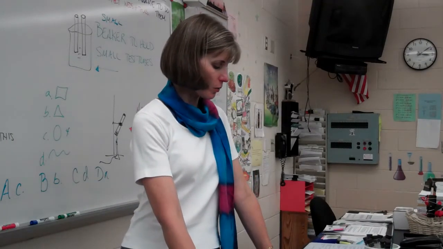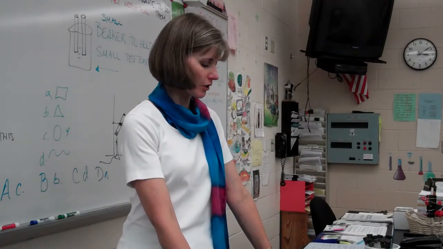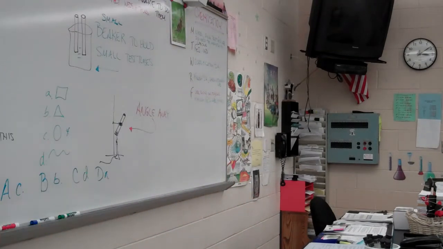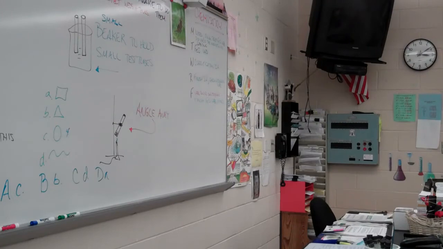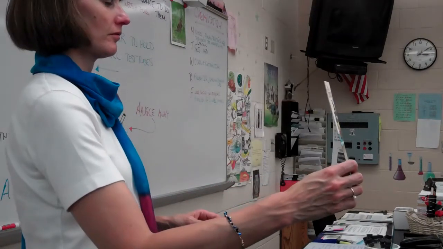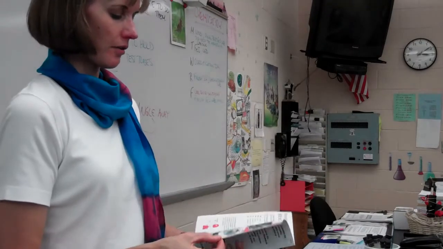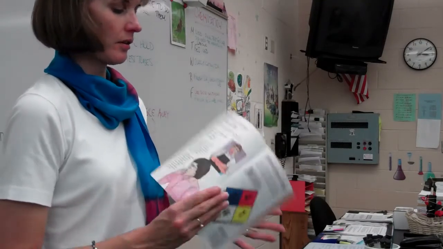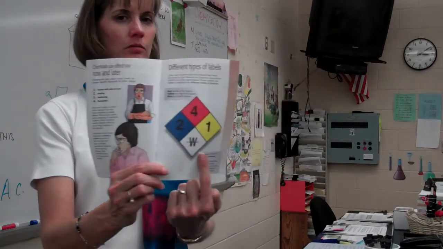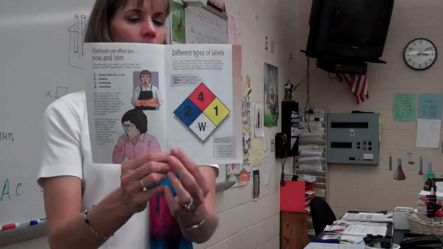And 31, what the different numeric safety codes on a chemical label mean. So that goes back to that little booklet, this booklet that we worked on in class together. And these safety symbols. Okay?